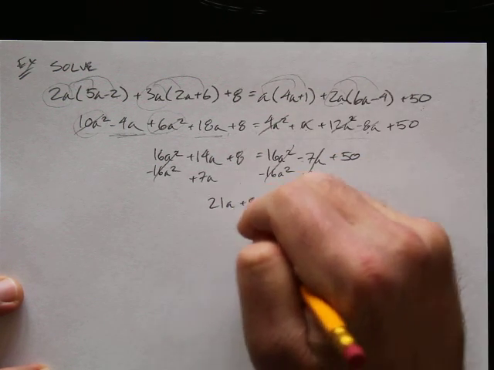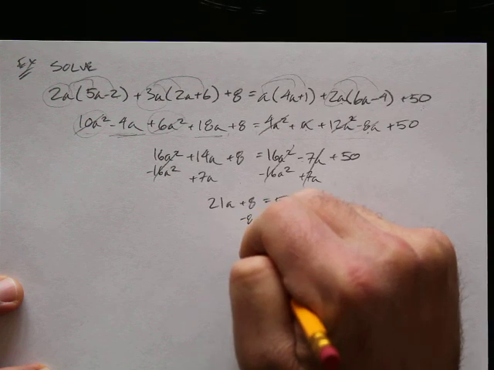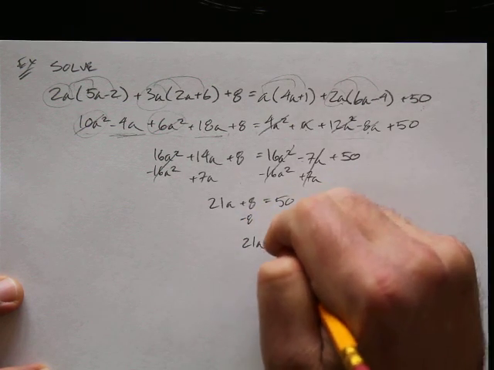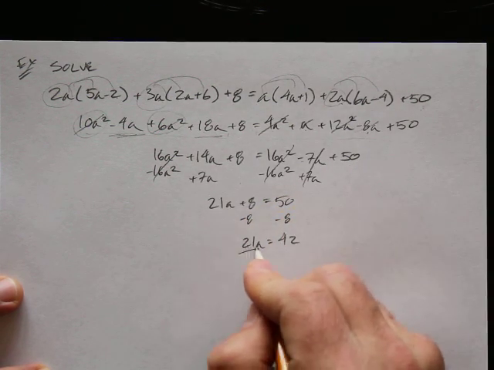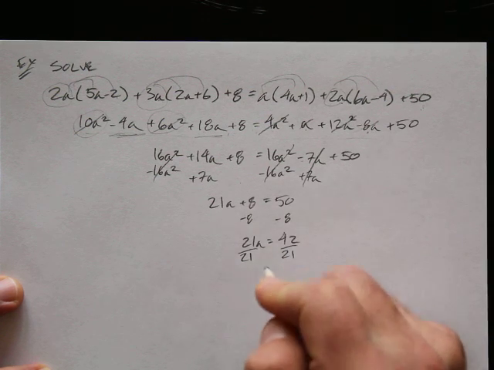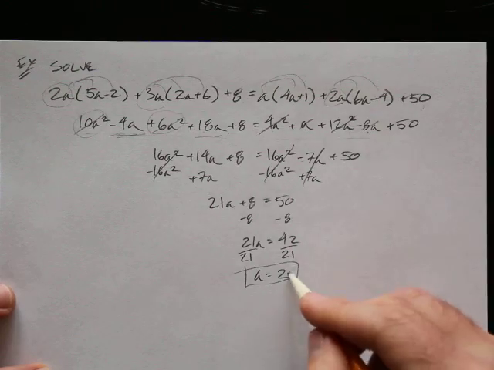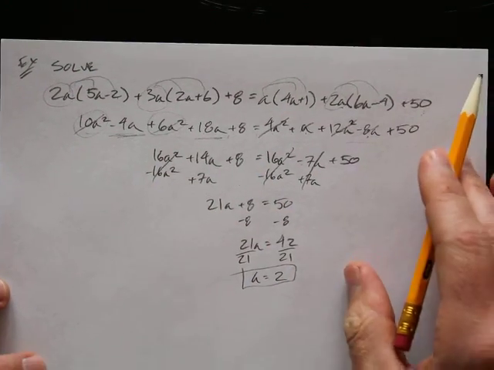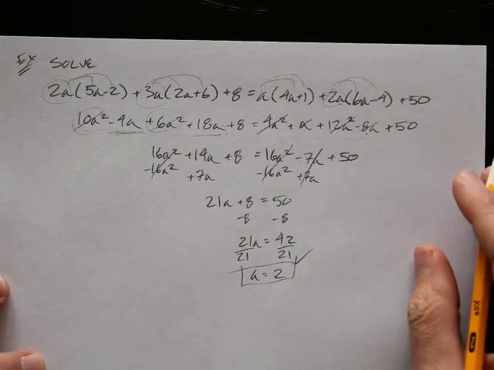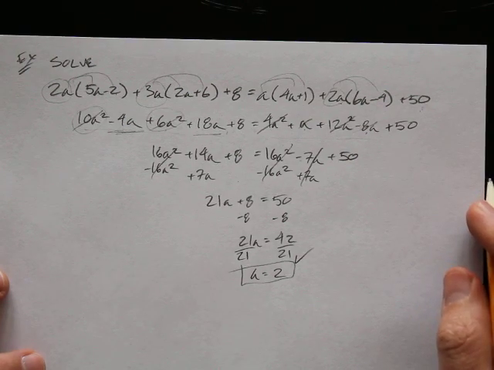Now I'm going to subtract 8 from both sides. 21a equals 50 minus 8, which is 42. If I divide both sides by 21, a equals 2. There's my answer. Now I could plug all that back in to see if I got it right. And I would find out that I did.